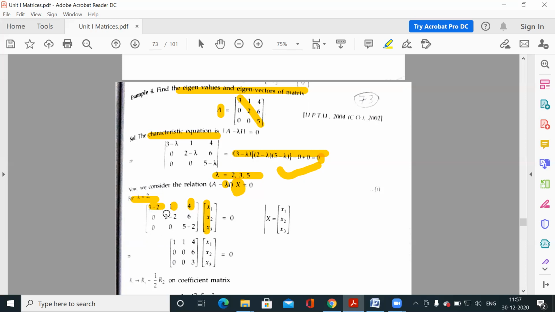So this is your A minus lambda I matrix, where lambda is 2, multiplied by the vector x1, x2, x3, equal to a null matrix.